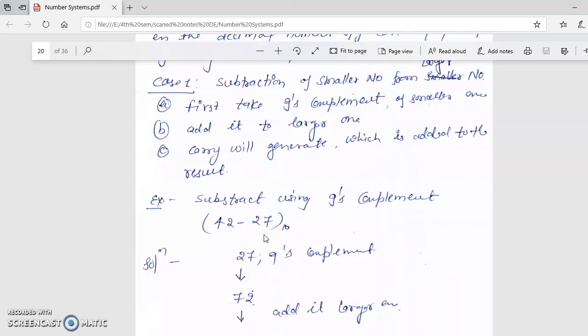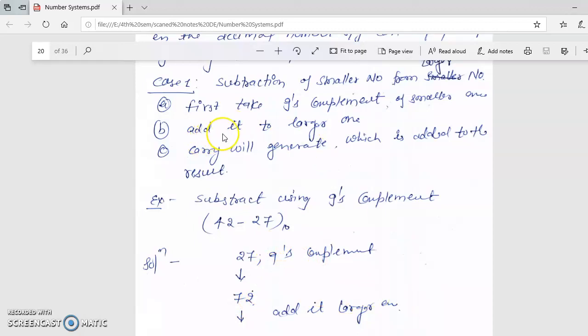Students, we are already familiar with 9's complement. How we get the 9's complement of 27? Subtract first unit from the 9th, so 9 minus 7, that is 2, and 9 minus 2, that is 7. We get the 72 of 9's complement of 27.